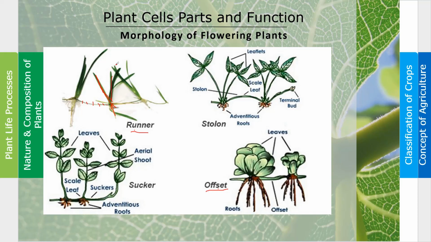Okay? So, bakit siya tinawag na runner? So, parang yung growth na kasi is step by step. Pag nag-grow na to, mag-grow ulit siya ng ganon. And then, mag-grow ulit siya after some time. So, parang step by step. Kaya siya tinawag na runner.